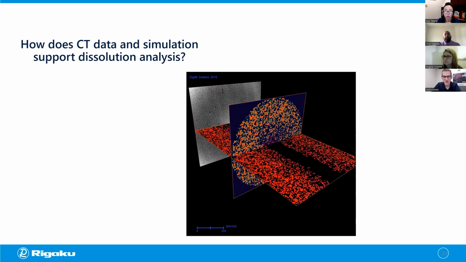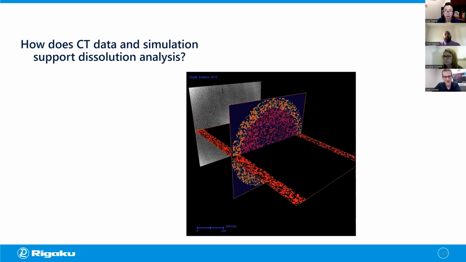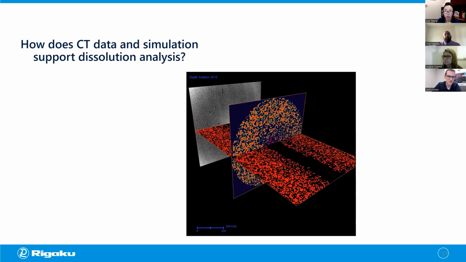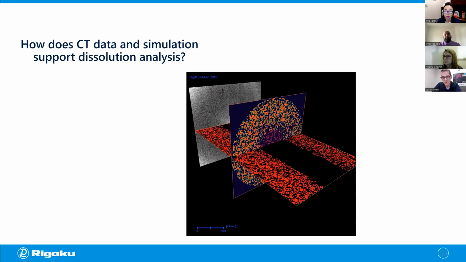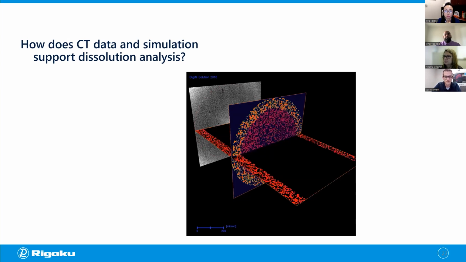There's always going to be that need for the in vitro and in vivo data, but one of our ultimate goals is to drive home the point that this can be used to support and complement and perhaps reduce the amount of resources that needs to go into that collection.